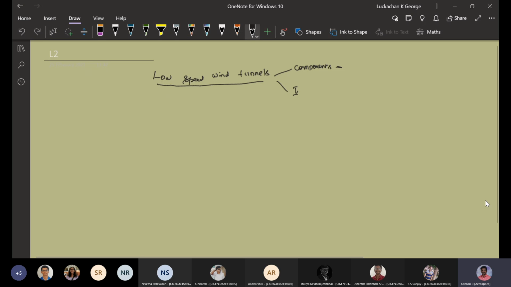Then we looked into what instruments are used.